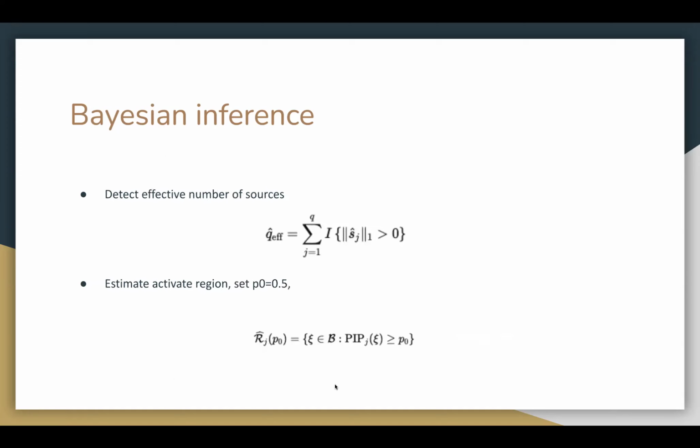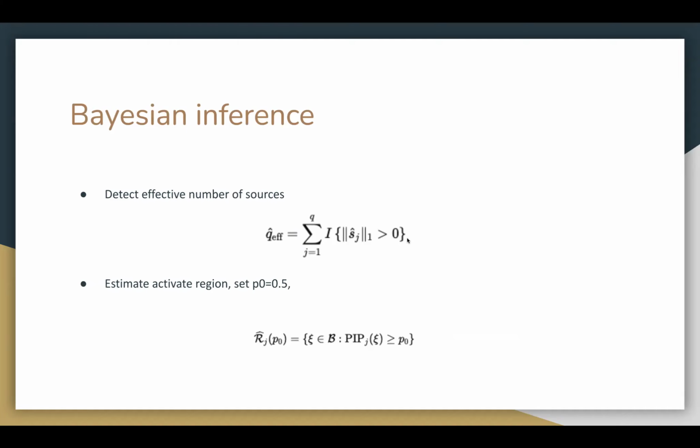So to decide the active region, they're using the effective number of sources like this one, whether it's active or not. We want probability, right? Yes, we want probability, because this indicator function is binary.